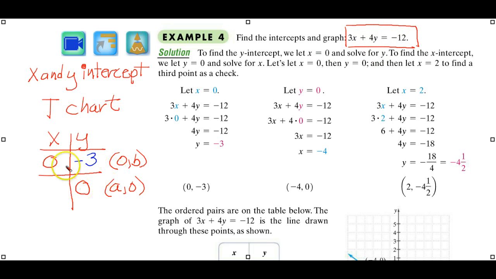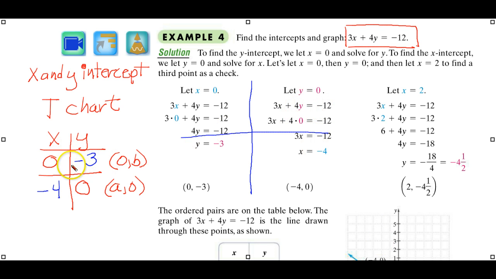Now, for the x-intercept, we're going to make y 0. So this becomes 0. And now we divide both sides by 3. So this will be negative 4. So we now have both of our intercepts. We'll see the graph in a moment.